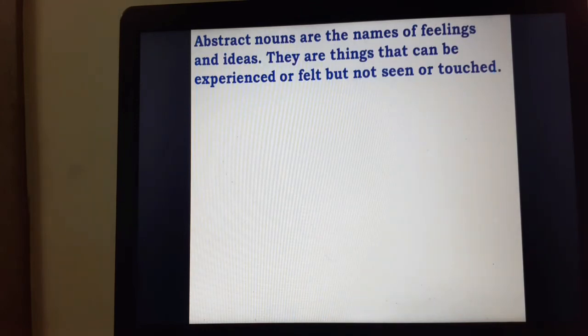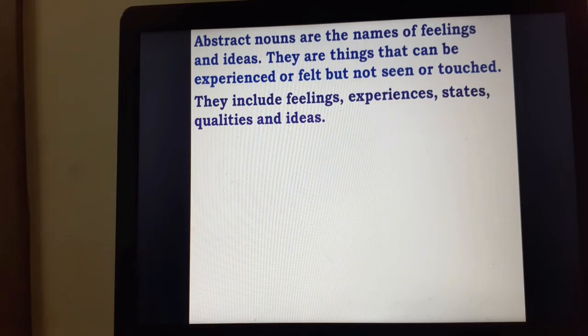Abstract nouns are the names of feelings and ideas. They are things that can be experienced or felt but not seen or touched. They include feelings, experiences, states, qualities and ideas. So, when we talk about abstract nouns, they refer to things which we cannot touch but only feel.